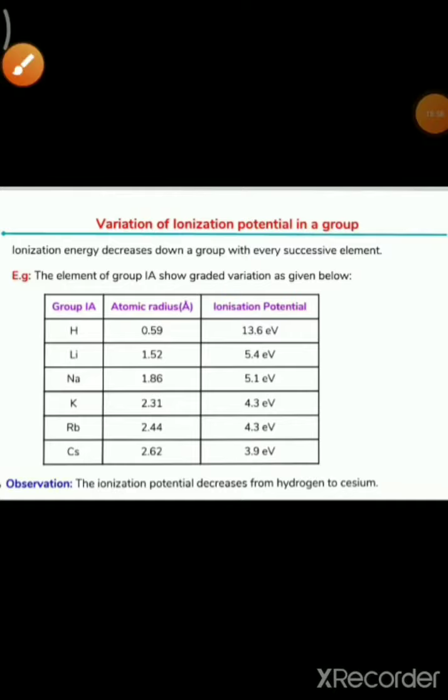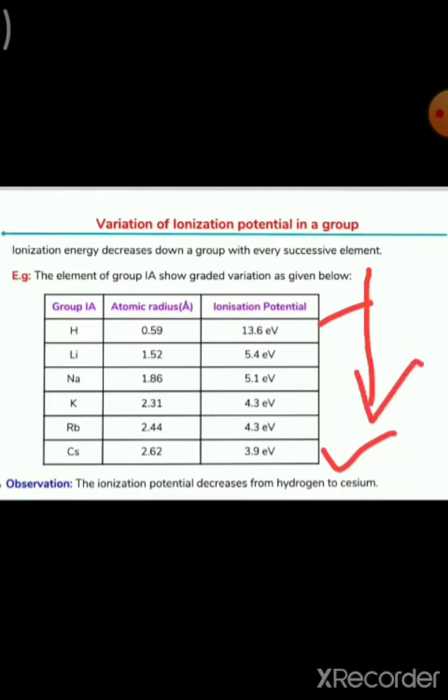So you see, in case of hydrogen, it is the more ionization potential, but in case of cesium, it is less ionization potential. So remember, down a group, your ionization potential decreases. Why? I think you have understood, but listen again. Down a group, your ionization potential decreases because your atomic radius increases.